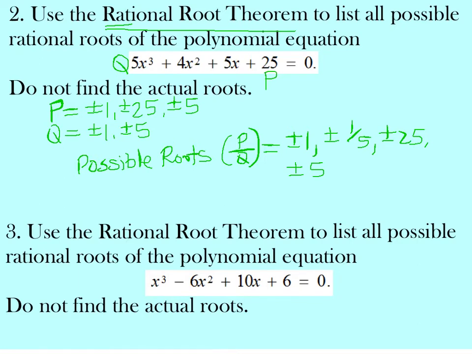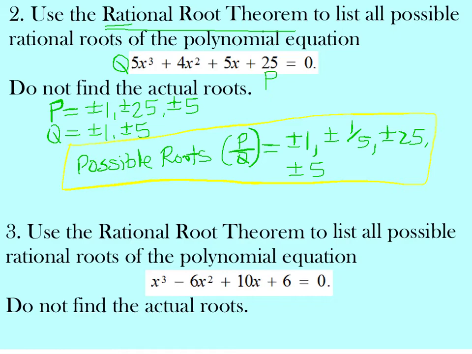So these are all of my possible roots. And this is my answer for question 2, because it says do not find the actual roots. Just list my possible ones.